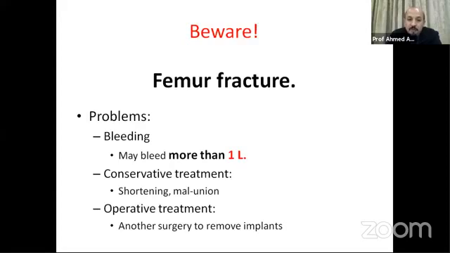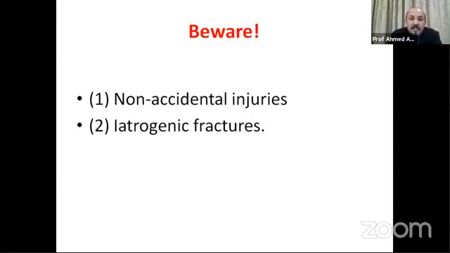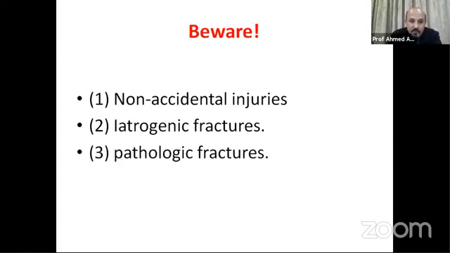So don't forget that bleeding should be treated urgently when you receive the patient. For conservative treatment, don't forget that you can have shortening or malunion. For operative treatment, you would need another surgery to remove the implants. Beware also of the non-accidental injuries, iatrogenic fractures, and pathologic fractures.